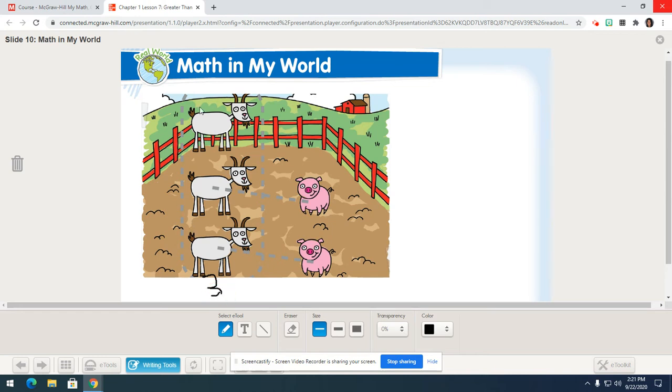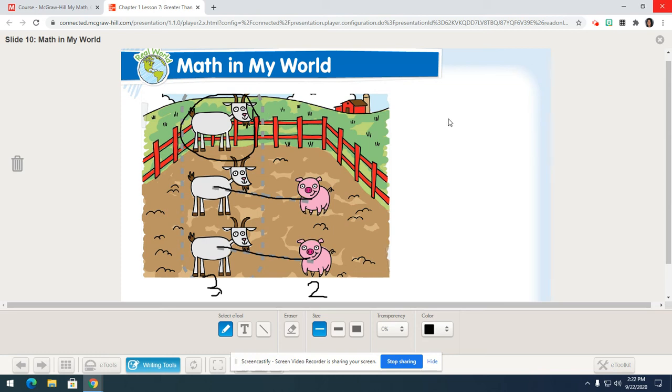Good. Let's count how many pigs we have. 1, 2. Echo me. Around, down, and out. Around, down, and out. Draw a line from the goats to the pigs. We have an extra goat.